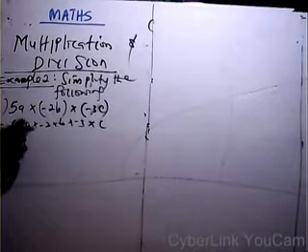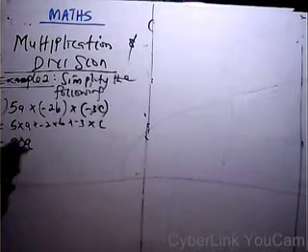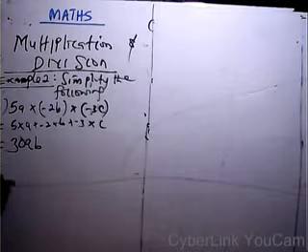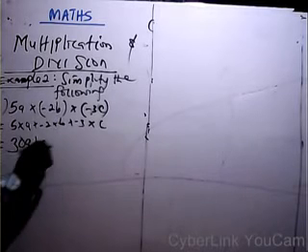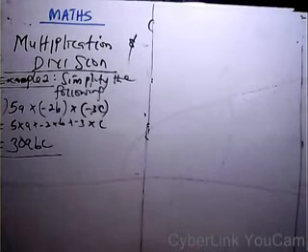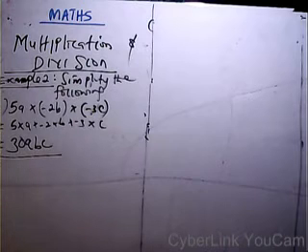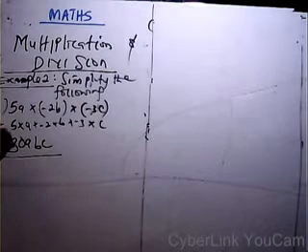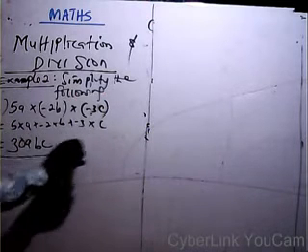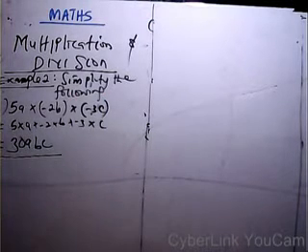This one is a, that is multiplied by a. This one is b, this one is c. So what's your answer? 30abc. That is your answer in that case. You are to collect the numbers together and each of the letters.